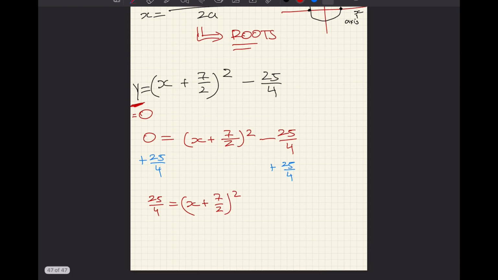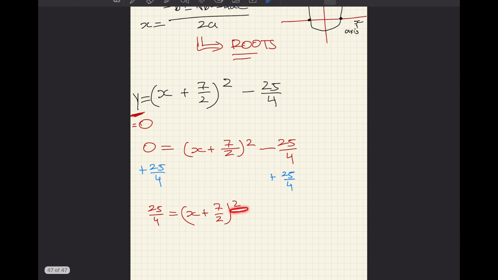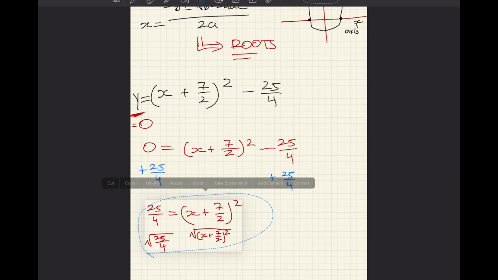Now, what we need to do is remove the square by square rooting both sides. So the square root of (x + 7/2)² and the square root of 25/4.